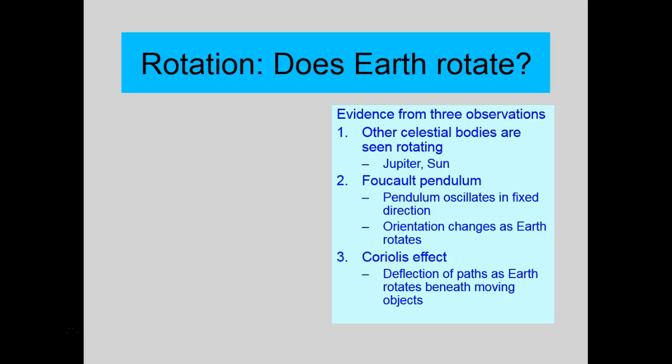It doesn't change much each time it goes back and forth, but it changes just enough that in a day, if you marked out evenly spaced hours, it would hit each hour every time. The pendulum is oscillating in a fixed direction, but the orientation changes as the Earth rotates. You can do that. It's sort of like, let's see if they have this figure here.